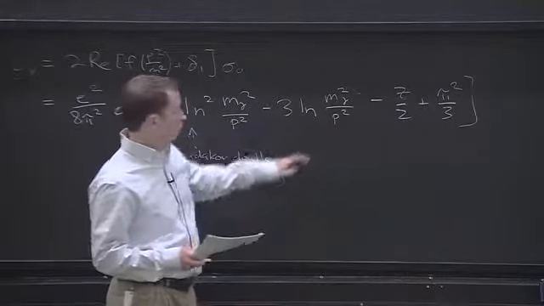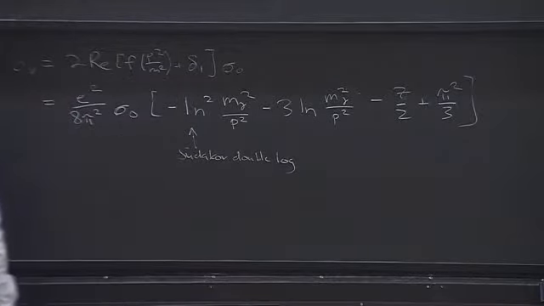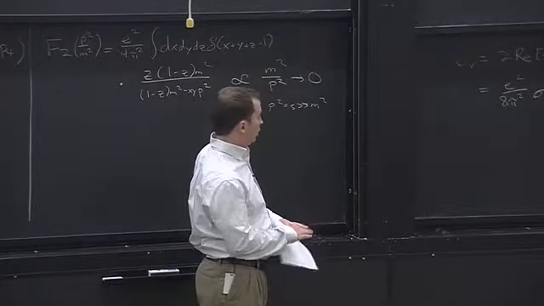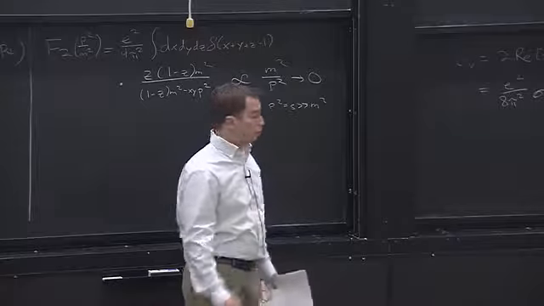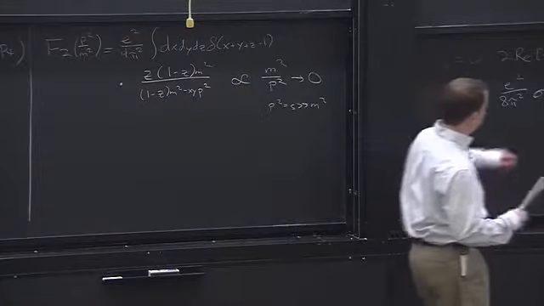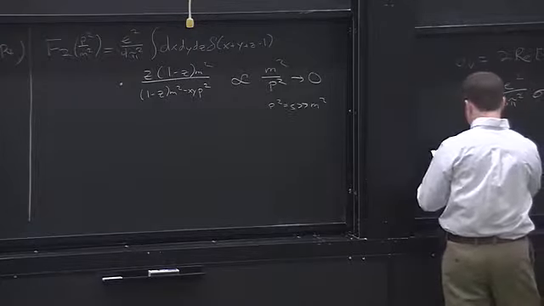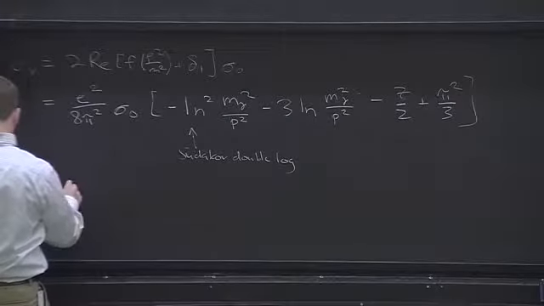If we only had a log term, we might think that we could fix this problem by demanding that the cross-section at some value of the momenta was finite, and that would make it finite for all values of the momentum.